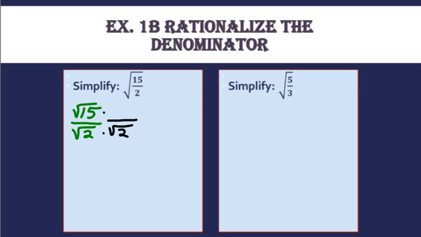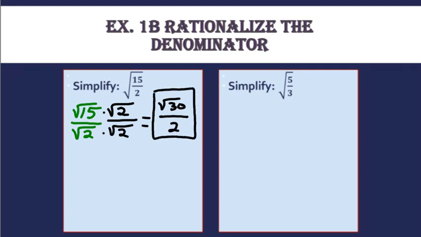Whatever I do in the denominator, I must do in the numerator. So when I do that, I end up with square root of 15 times square root of 2 is the square root of 30, divided by square root of 2 times square root of 2 is 2. I cannot simplify that any further. I cannot reduce 30 and 2 because that's a square root of 30, not a whole number 30. So you cannot reduce a radical and a whole number.